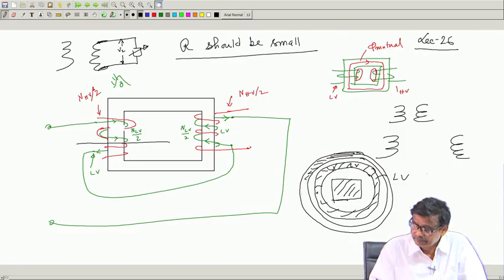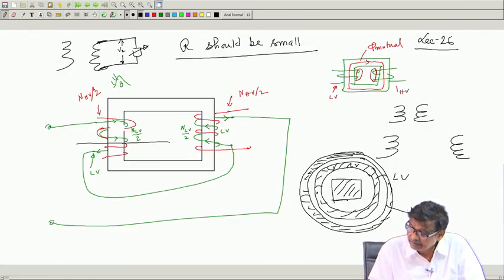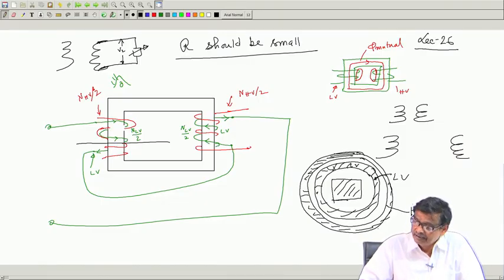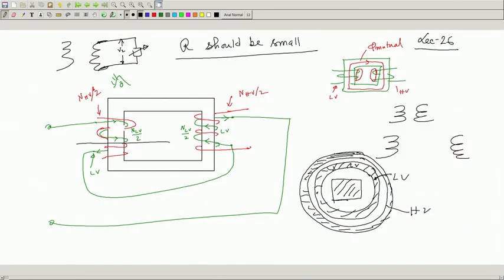Like that. So, this is HV and this is LV. This inner one is LV, outer one is HV. Therefore, the leakage flux will be reduced to a great extent. So, this is how at the design level people try to adjust the leakage reactance.